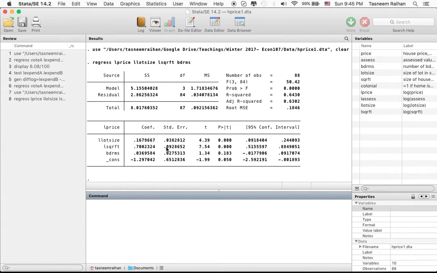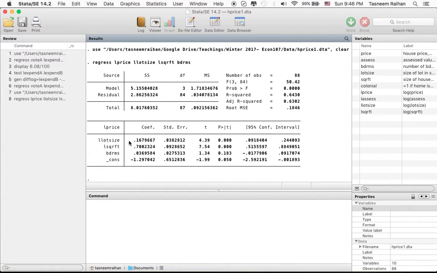So here we have the coefficients listed. Let's take a quick look. It seems like both the lot size and the square feet of the house are statistically significant, and they have a positive effect on the price of the house, because the coefficients for both lot size and square feet are positive.